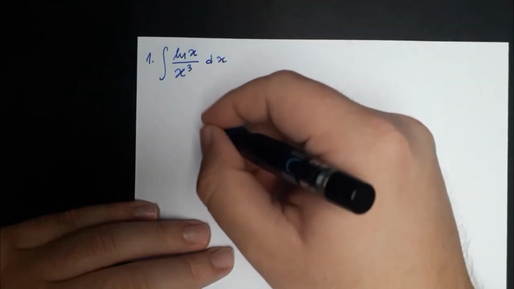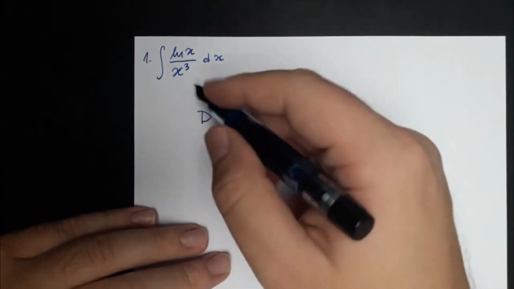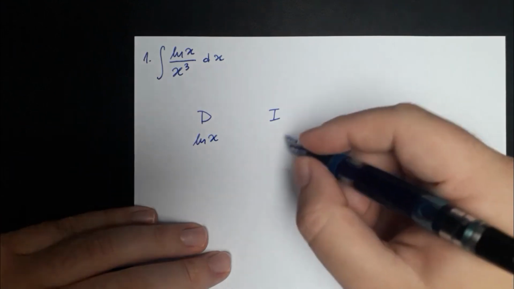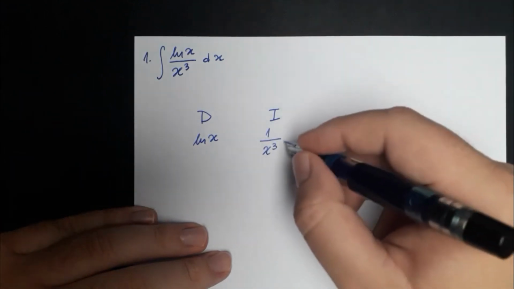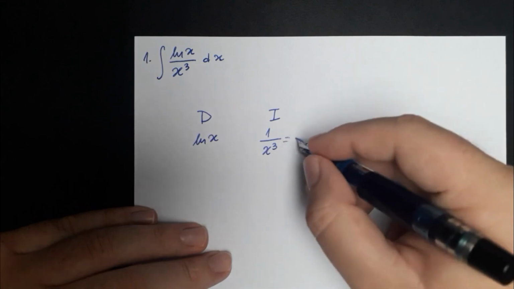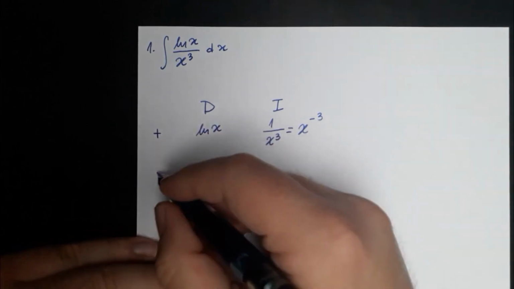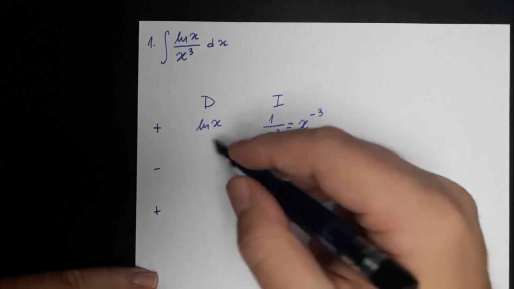We are going to use the DI method to solve this integral. We are going to differentiate ln of x and we are going to integrate the part 1 divided by x cubed, which can also be written as x to the power of negative 3. This is plus, minus, plus, and of course the signs alternate.